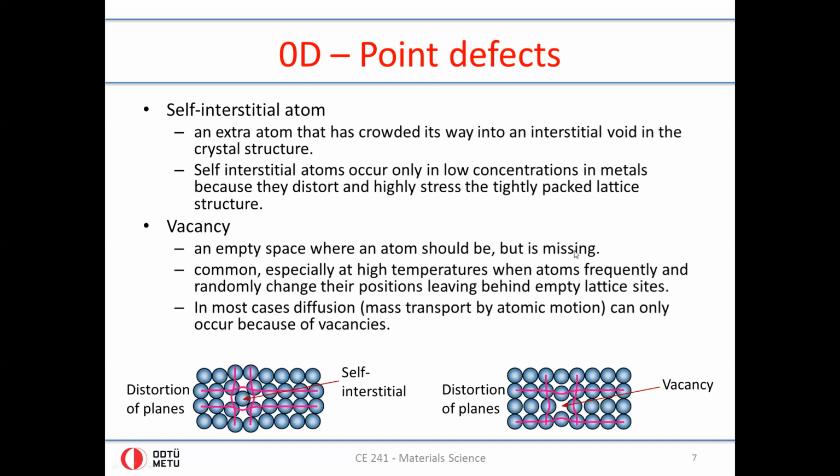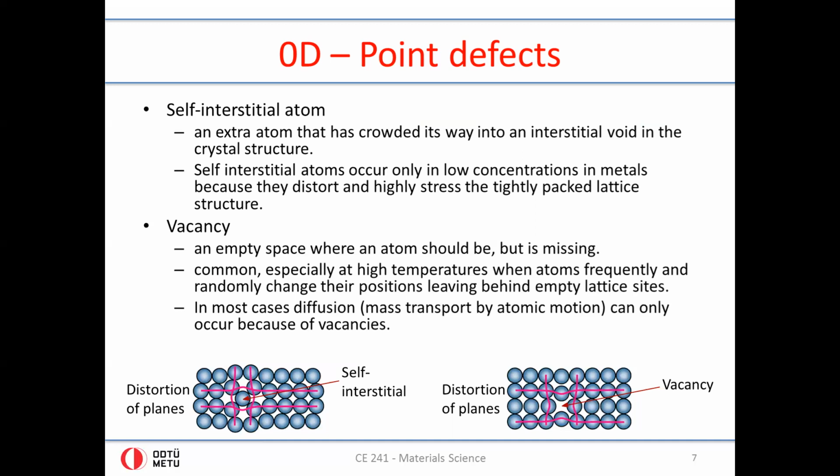So then the image on the bottom right-hand side shows the effect that a vacancy has on a two-dimensional representation of a metal crystal. Here I say metal because it's atoms of the same type or size, hence it's a metal being represented. And on the left-hand side, you have an example of a self-interstitial defect.